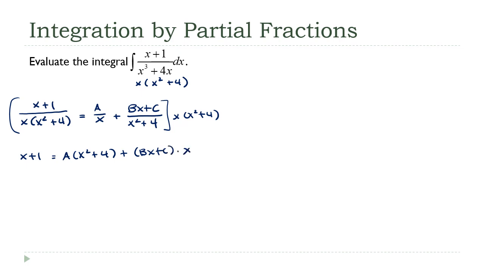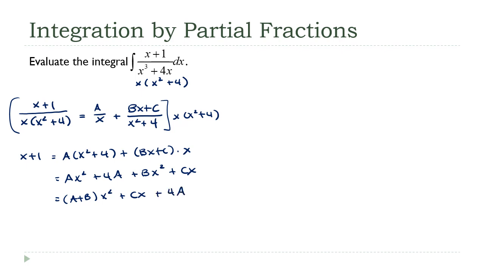And we'll distribute, get rid of the parentheses. This is Ax squared plus 4A plus Bx squared plus Cx. And now we'll rearrange things, right? Get all the x squared, x, and constant terms together. So this is A plus B times x squared plus Cx plus 4A.